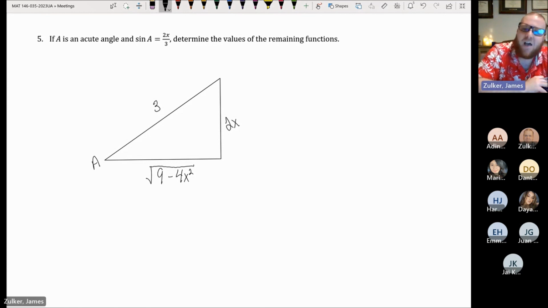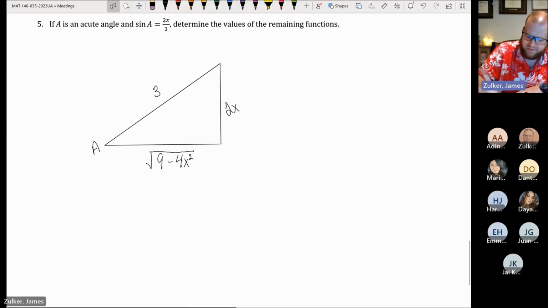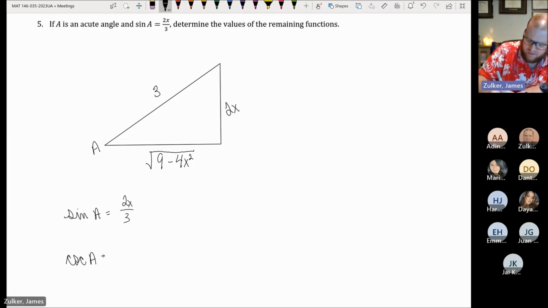So what we're able to do now is write the trig functions as expressions of x. All right, by the way, we already know cosecant.